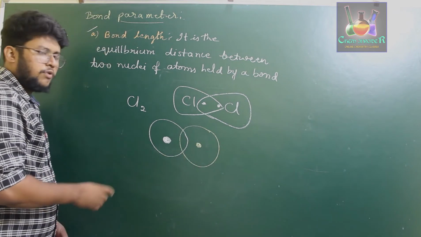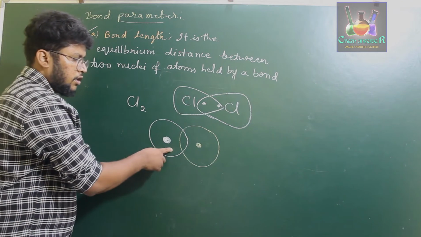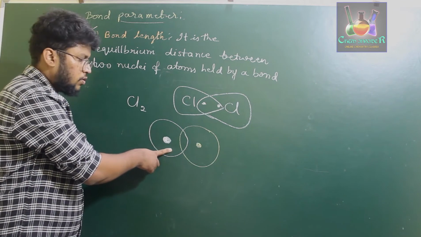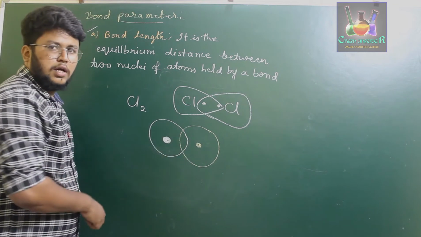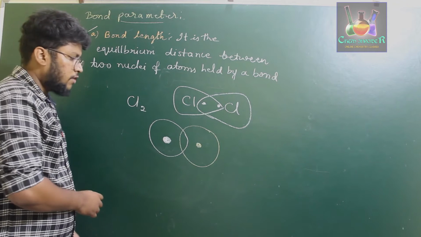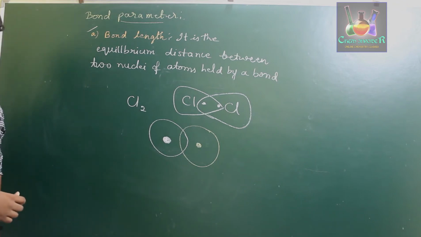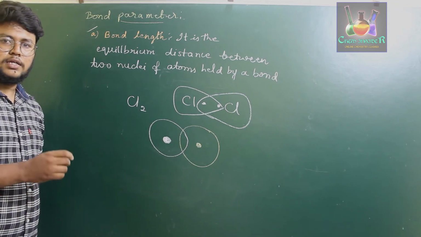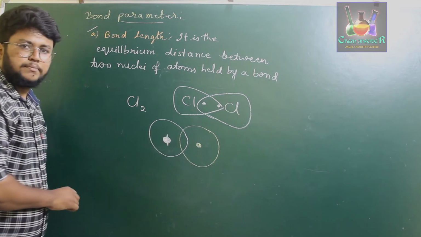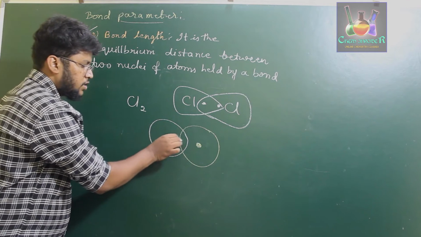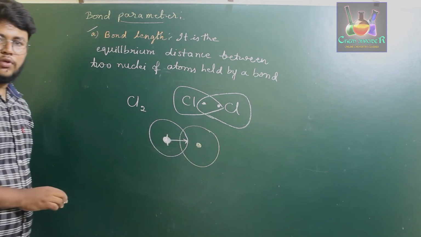So if you observe carefully, the outermost valence shell of this chlorine and the outermost valence shell of this chlorine are completely mixed with one another at an intermediate position. Therefore, what we say is, a covalent radius is the distance between the inner core of the nuclei till which it has an electron influence.